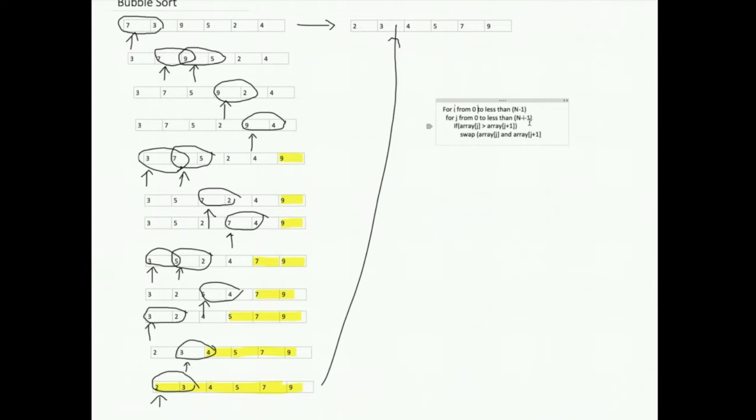Here n is 6, the number of elements is 6, i is 0, 6 minus 0 is 6, minus 1, so 6 minus 1 is 5, so less than that you'll go all the way up to 4.